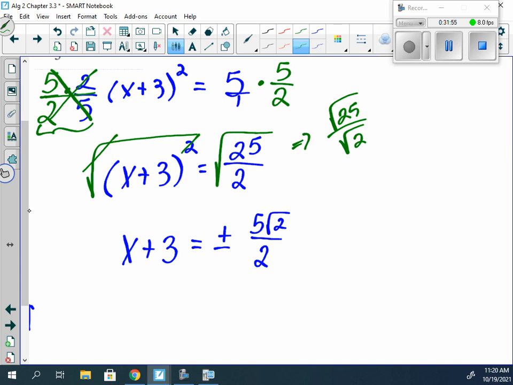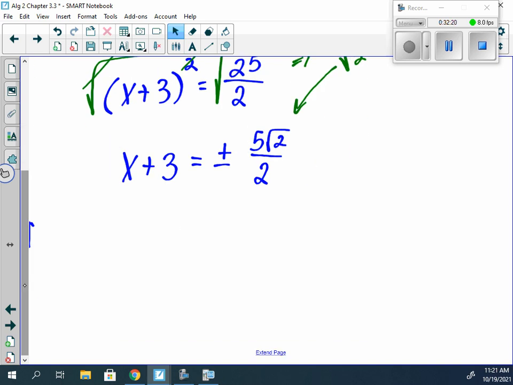And that's what you'll have to do for this here, is break it up. And the TI-30XS will tell you that the square root of 25 halves is 5 square root of 2 over 2, simplified down. Or we could give it as the decimal answer.